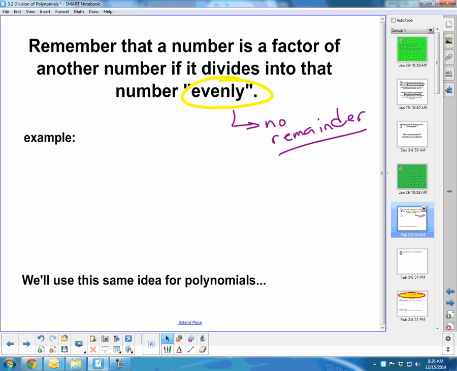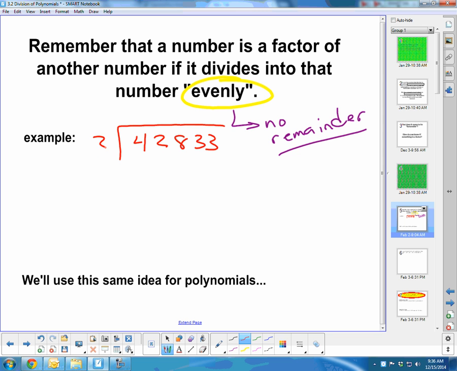Now, just as a recall, let me show you numeric long division, because polynomial long division is based off it. Let's say I had the number 42,833, and we were going to divide that by 3.